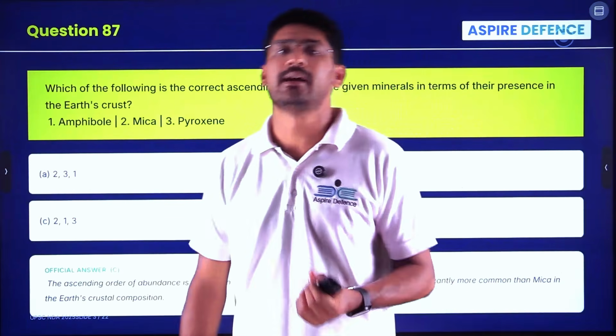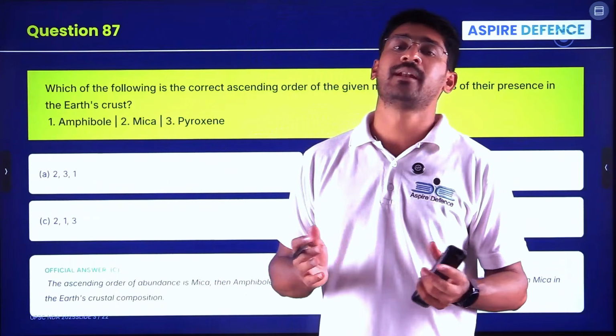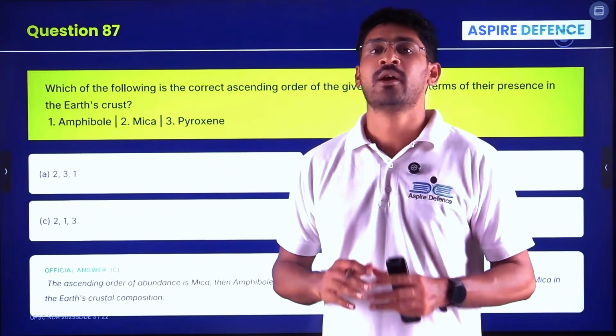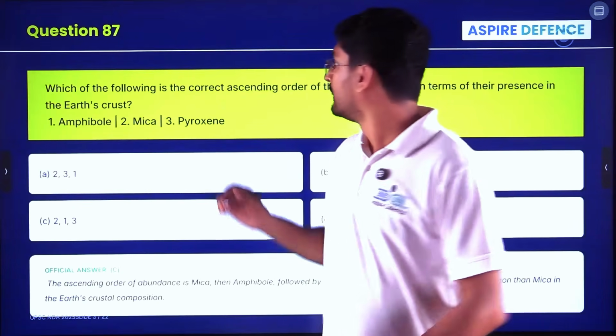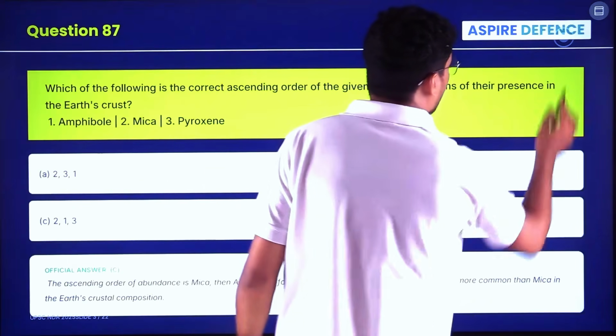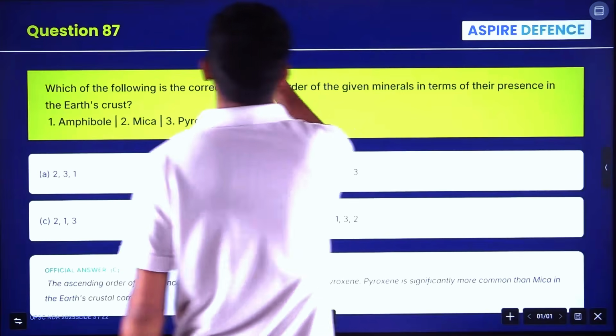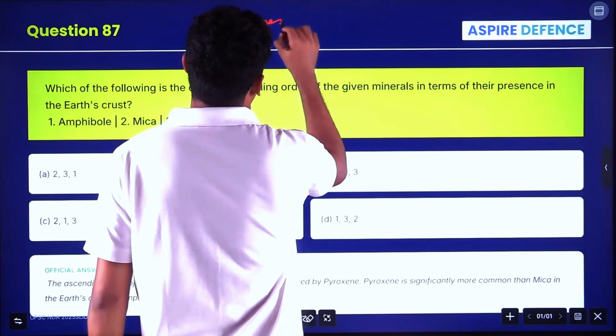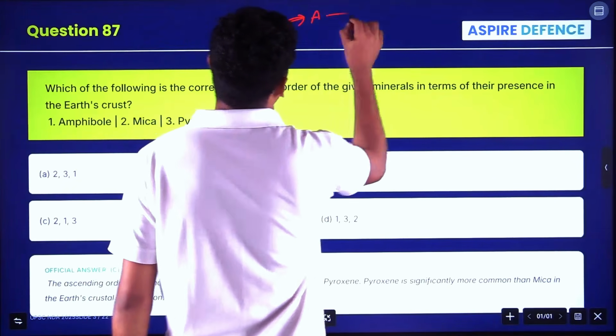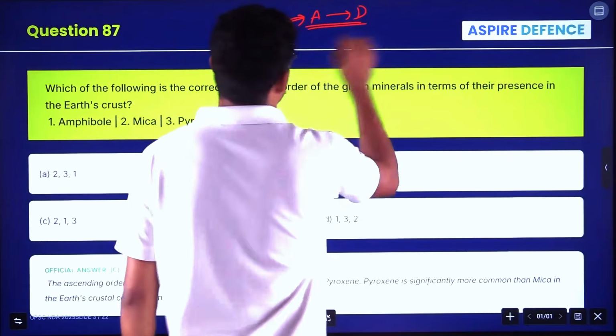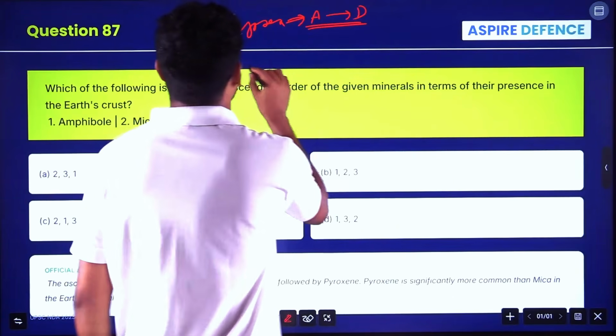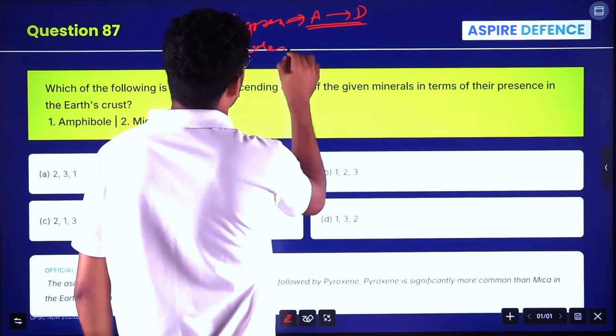Likewise, they can ask with respect to the atmosphere, the gases also and water also. Next important topic is important gases. Ascending to descending or descending to ascending, they can ask. Next, water, fresh water.